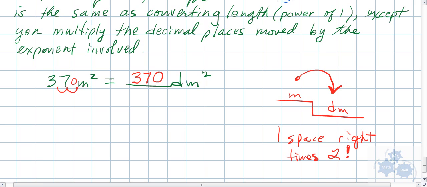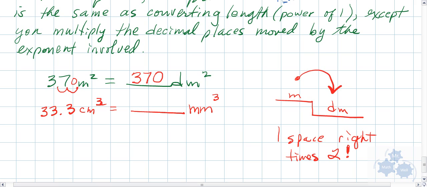All right. So one more thing. When we're doing cubic units now, the process is the exact same, except instead of multiplying by 2, we multiply by 3. Okay. Let's do 33.3 centimeters cubed equals how many millimeters cubed?